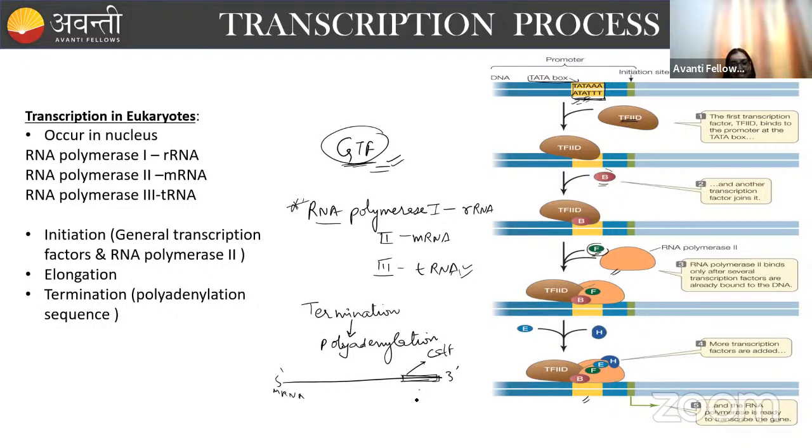Once they recognize this sequence, the enzyme poly-A polymerase will keep on adding the poly-A tail at the 3' end, which leads to the termination in case of eukaryote. Okay?